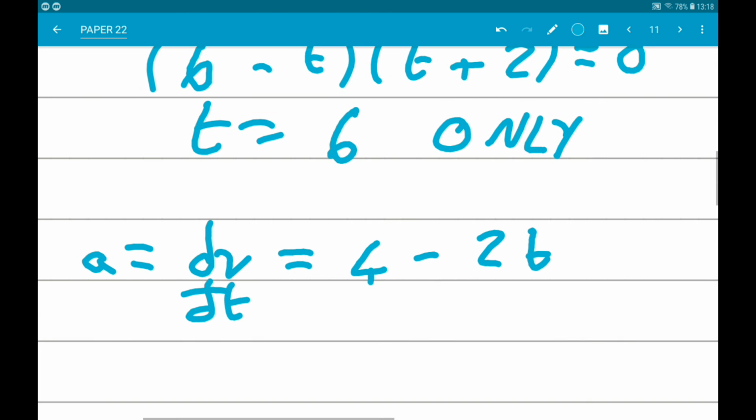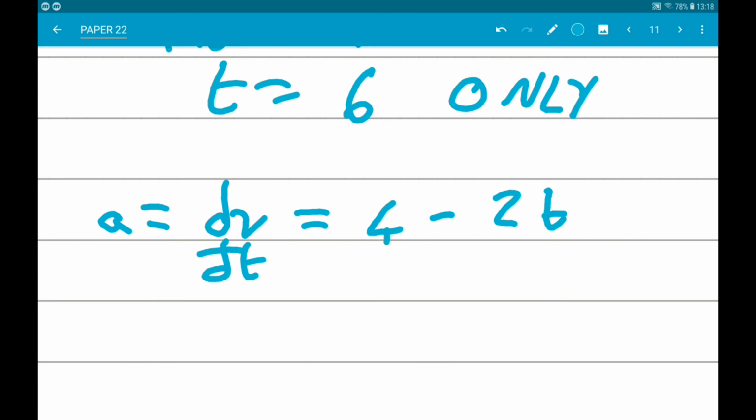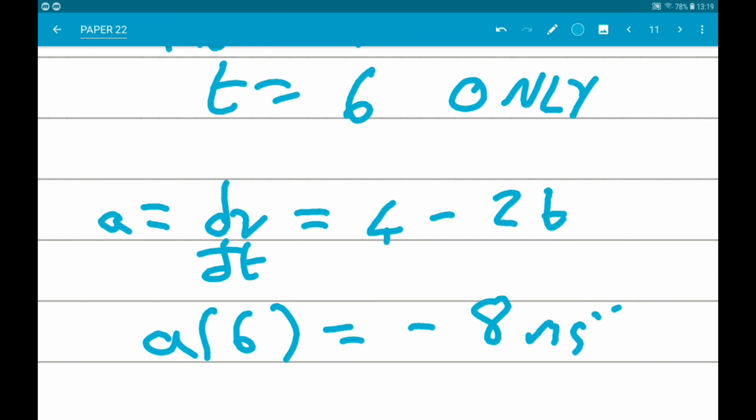Now, the acceleration when t is 6 is then 4 minus 12, so minus 8. But we want the magnitude, so the absolute value.